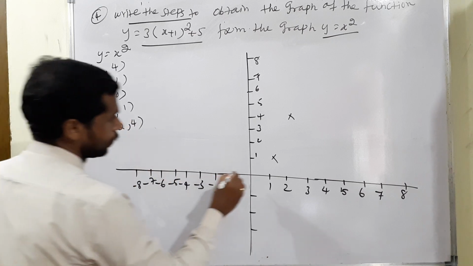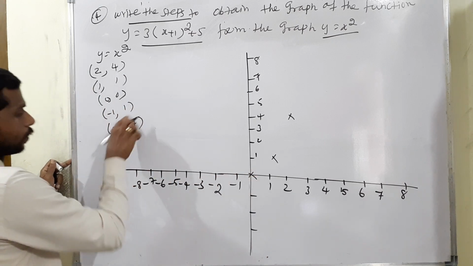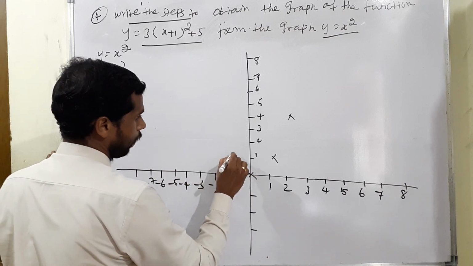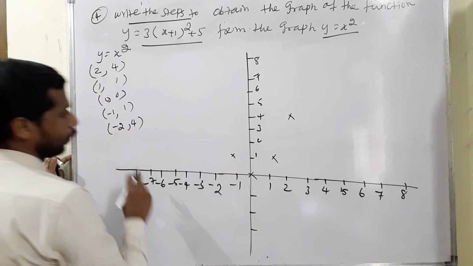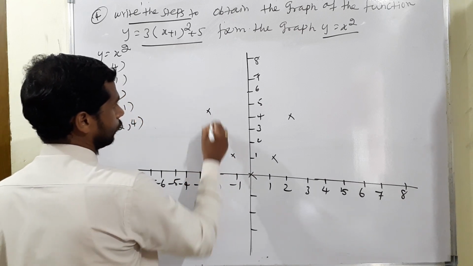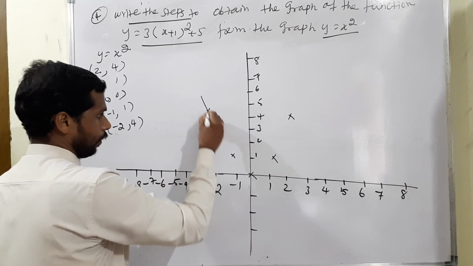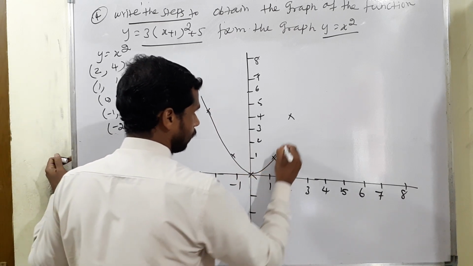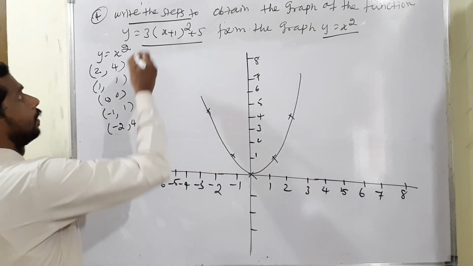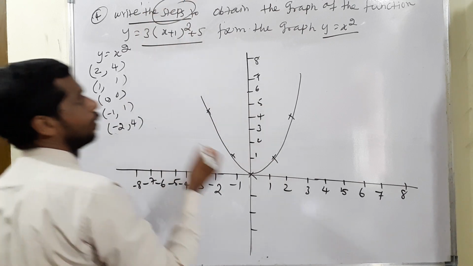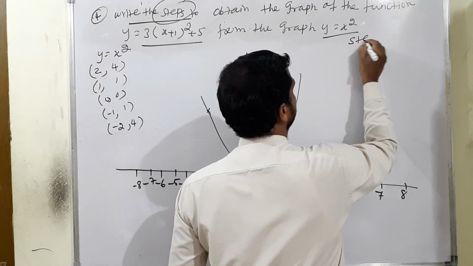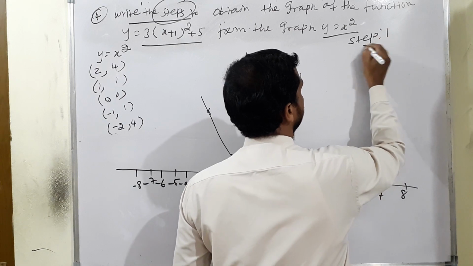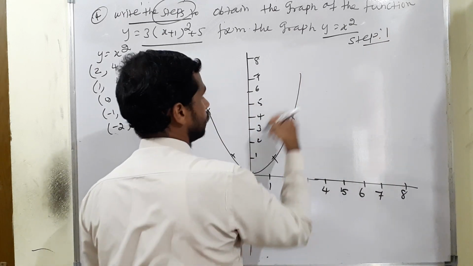Then (0, 0) origin point. (-1, 1). Then (-2, 4). So definitely we can say the step we can write is the right step. So step number 1: draw a graph.